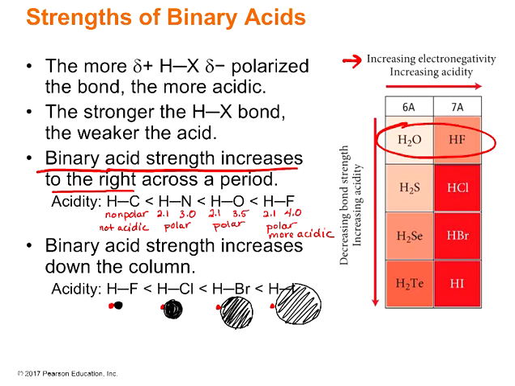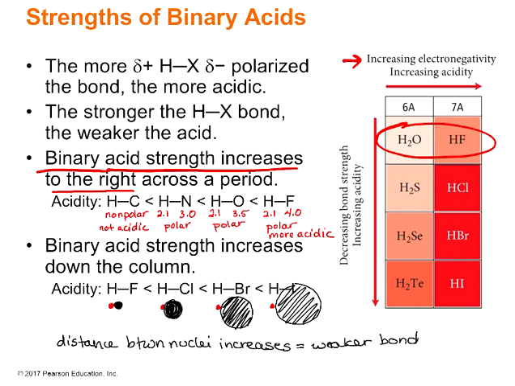And remember that as the distance between nuclei increases, that means we have a weaker bond between those atoms. So hydriodic acid can actually give up its hydrogen really easily because it's not very attached to hydrogen.